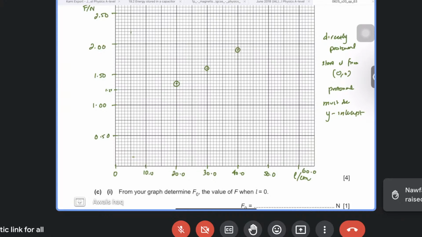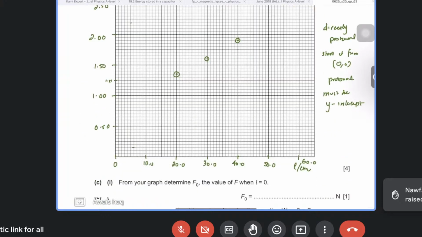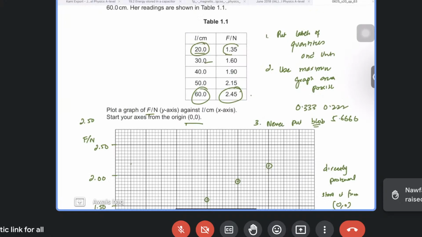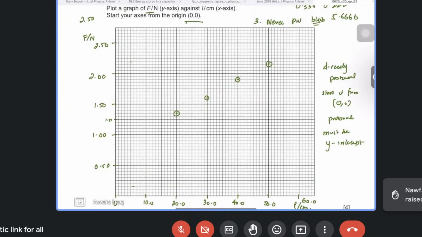And then you got 50 and 2.15, 50 and 2. This is 2.0, 2.1, 2.15. Seems like a straight line to me. And then 60 and 2.45 is going to be here. All right, so this is a line.